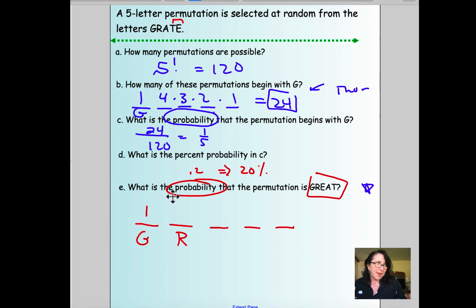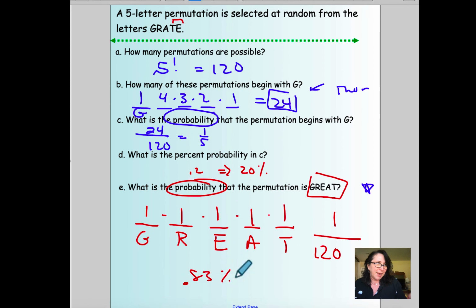If this letter has to be R, there's 1 option. If this letter is E and then A and then T, 1 option and then 1 option and then 1 option, you just multiply those out, you get 1. And if they're asking for the probability, it's out of our total outcomes, which is 120. So 1 out of 120 is like 0.83%. Yep, 0.83%, I think. Okay, so that's pretty neat.